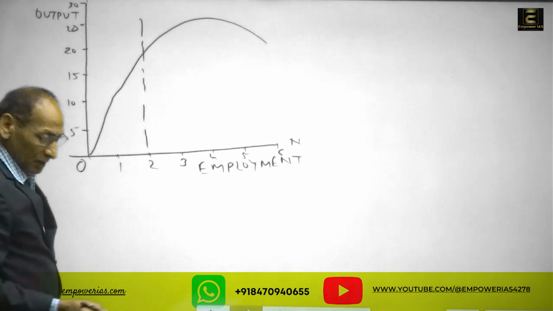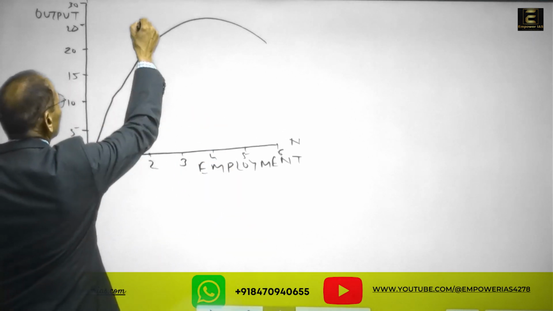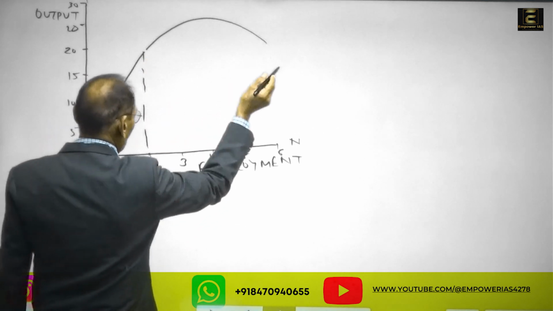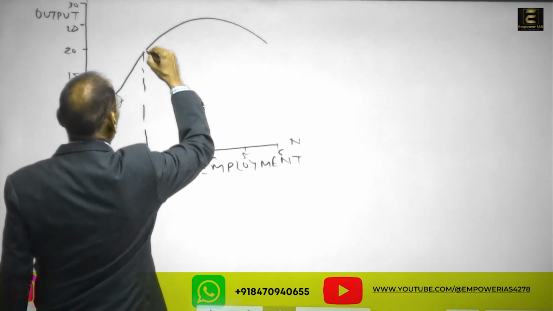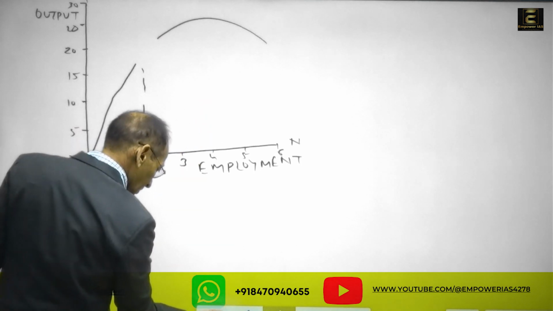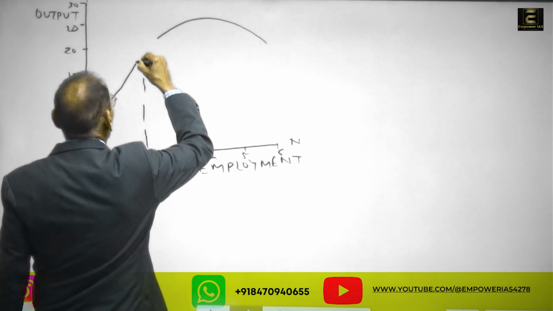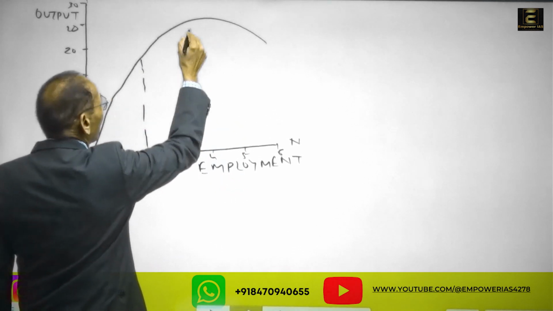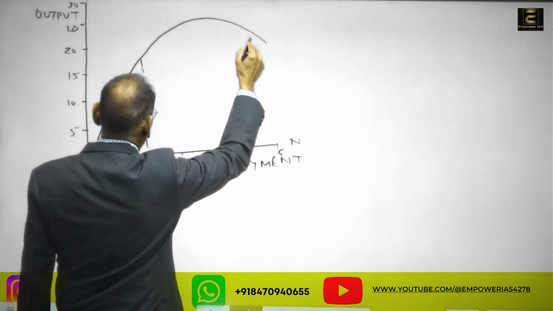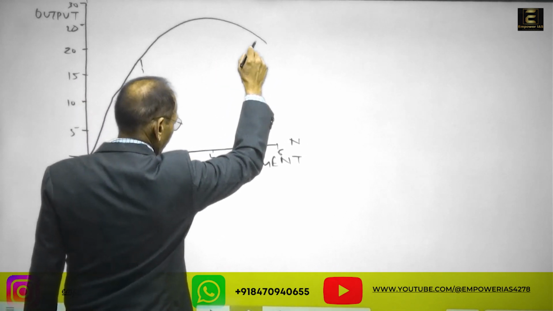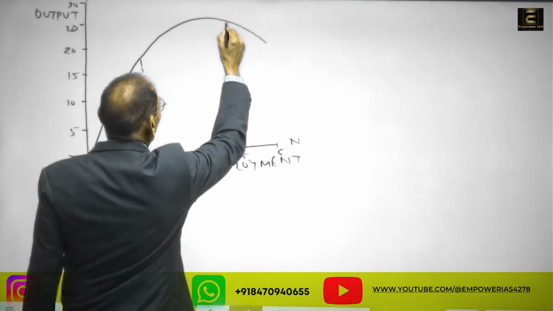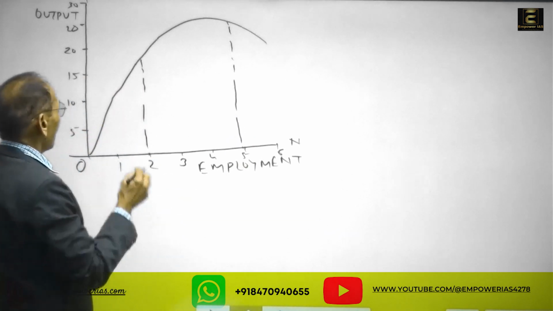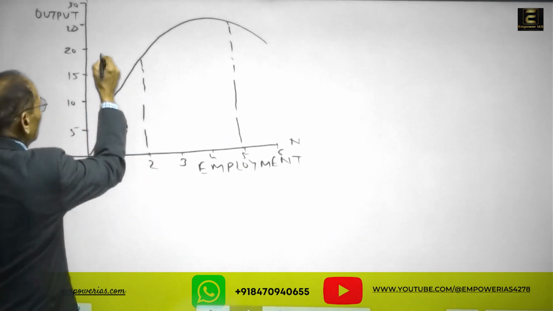This will be 2, then that will be 5. This is constant return.